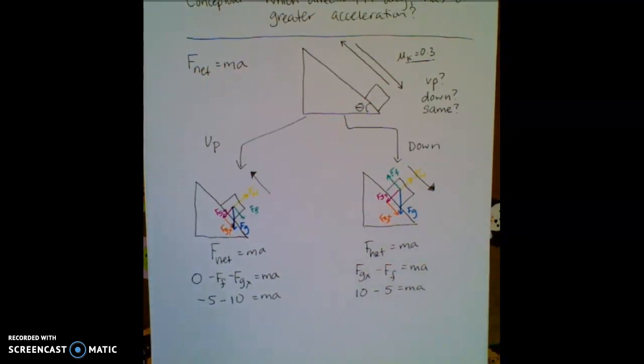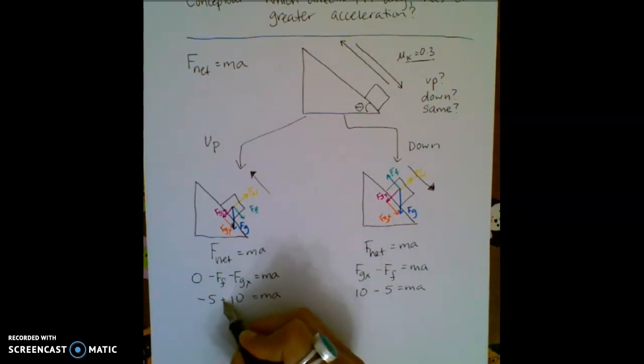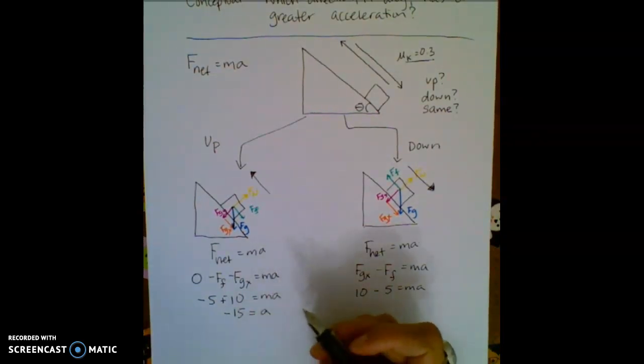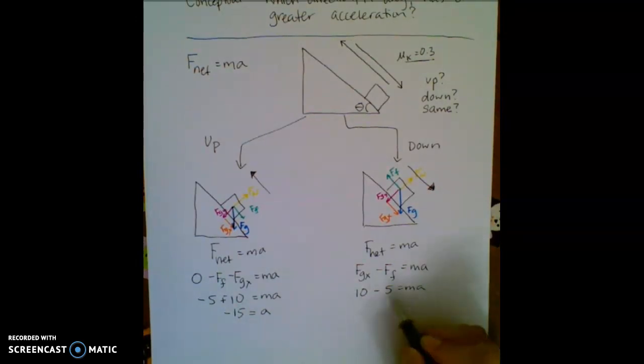And let's say the mass is 1. So what's negative 5 minus 10? I add the opposite, so negative 5 plus a negative 10, that's negative 15 equals the acceleration because the mass is 1. But over here I have 10 minus 5, which is 5, equal to acceleration.